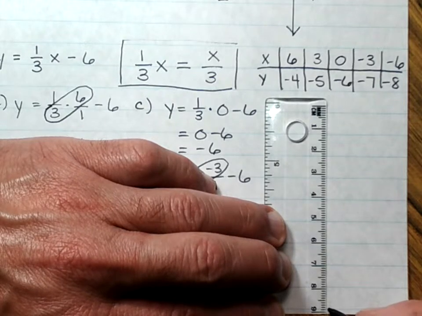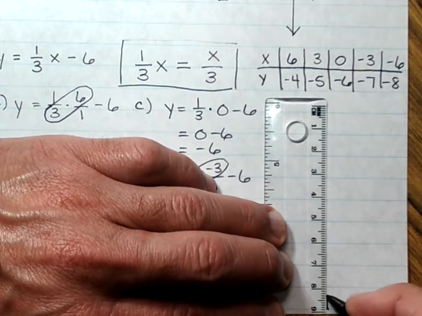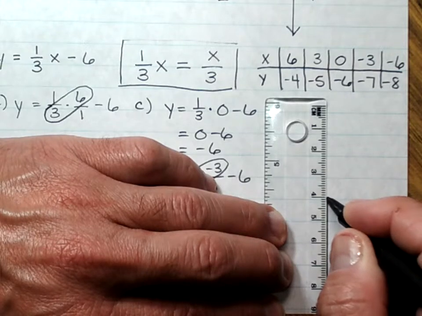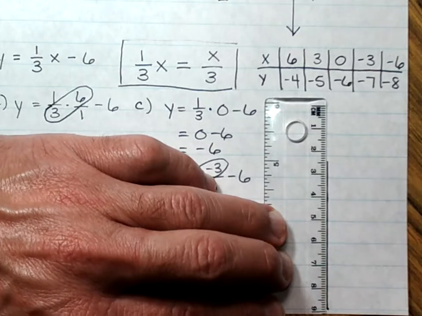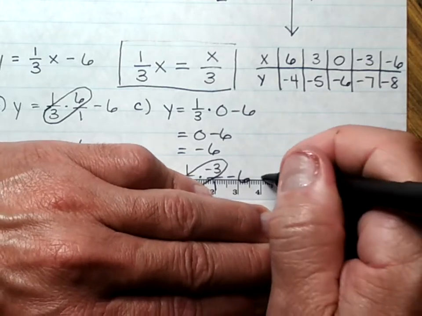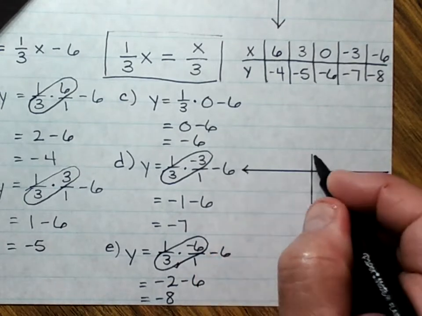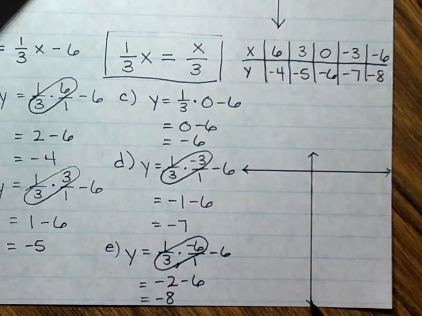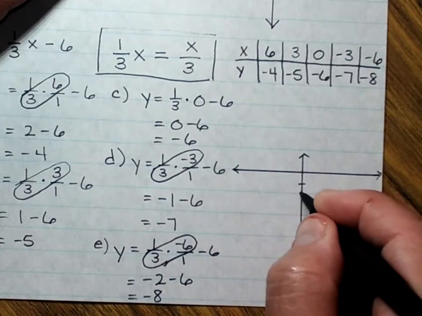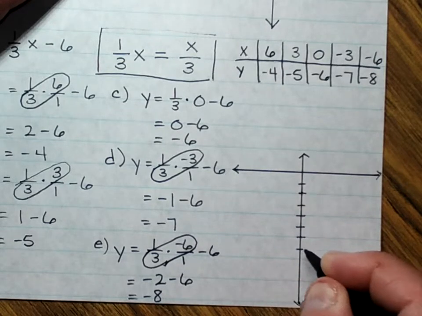I'm working from the bottom up here, so this will be 8, 7, 6, 5, 4, 3, 2, 1, 0. I could probably give myself a little bit more space. So again, the negatives will go with negative 1, negative 2, negative 3, negative 4, 5, 6, 7, 8.